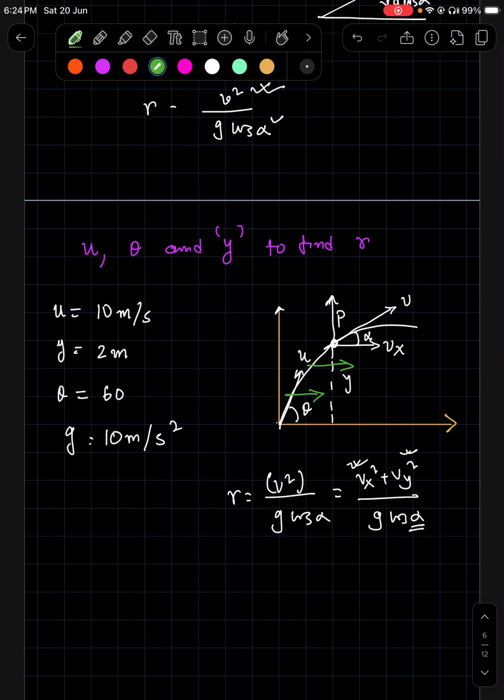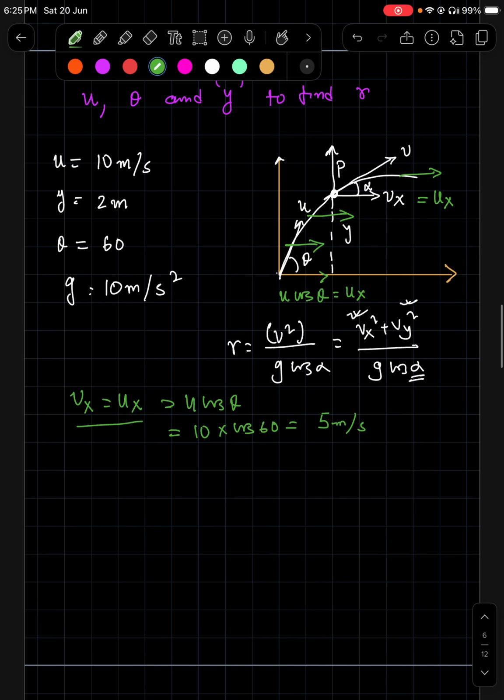So the initial horizontal velocity u cos theta, which is ux, must be equal to vx. So Vx is already found. The first job is over. That is u cos theta, u is given, 10 cos 60 degrees. That means it is 5 meters per second. So that is done.